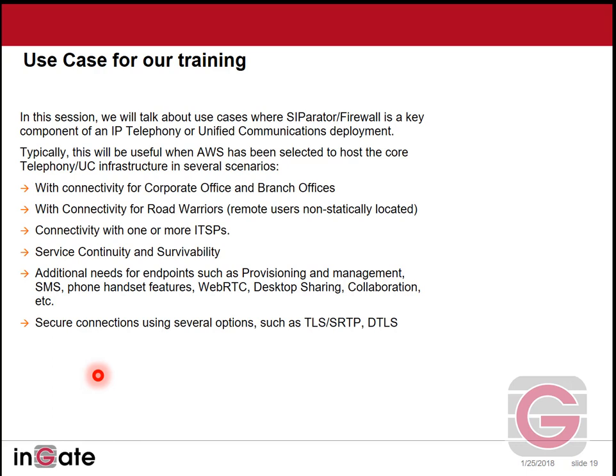Whenever a user is using resources from the central site or the cloud PBX, you need to secure the connection because it is going through third-party networks, including the internet. In one of the sessions we will see specifically how to implement TLS and SRTP.